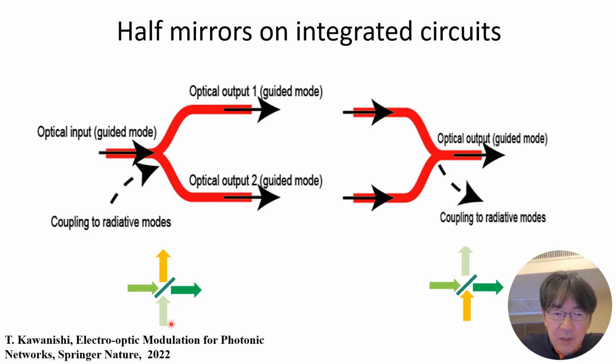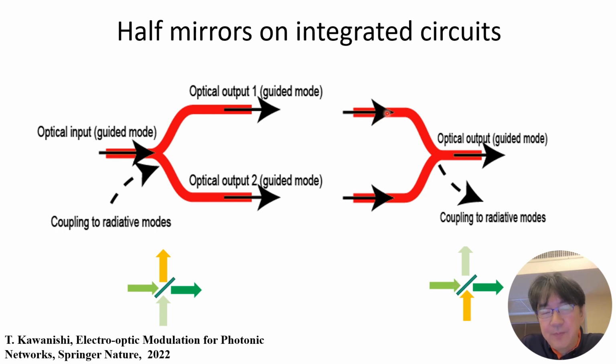To understand the mathematical structure of the half mirror, we always have to take care of this part as well. So in the Y junction, there are two input ports, but we don't use this one. We use only this one, and we can get the two optical outputs. Here's another half mirror.